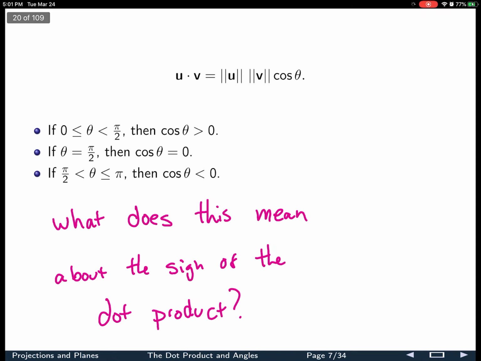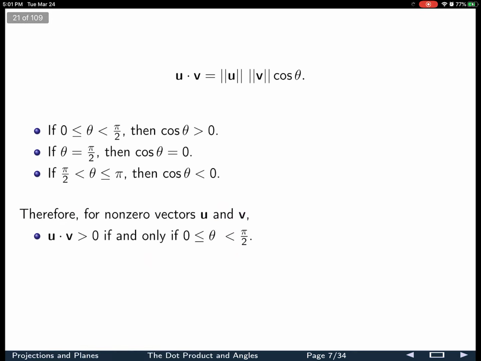Let's think about what the sign of the dot product would be given two vectors u and v. If the angle in between them is between 0 and pi halves, cosine is a positive number, so the dot product should be positive as well. If they are at a right angle to each other and the angle is pi halves, then cosine is 0 at pi halves, and that makes the entire dot product 0.